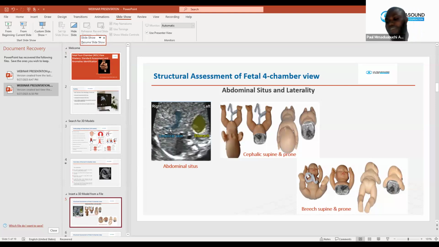In development, you have the right and the left umbilical vein, where the right regresses during development and the left continues. The left goes into the liver and all of that. So in assessing for persistent right umbilical vein, you see that the umbilical vein is moving away from the stomach.